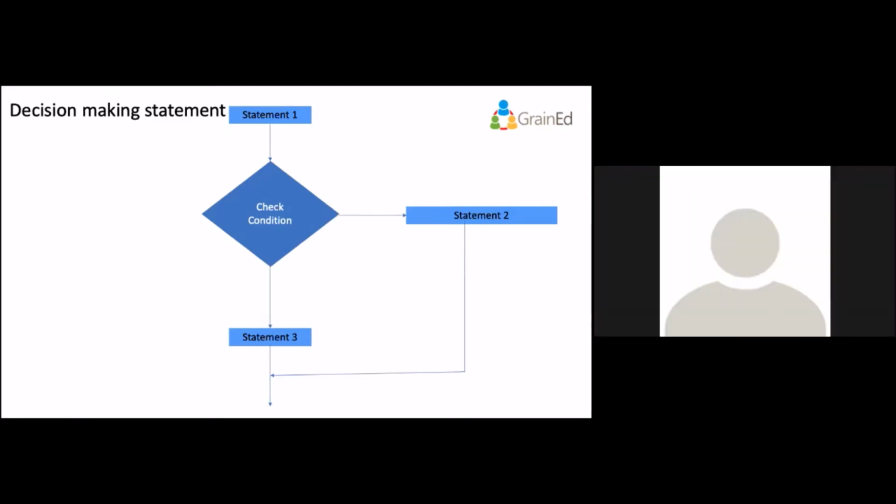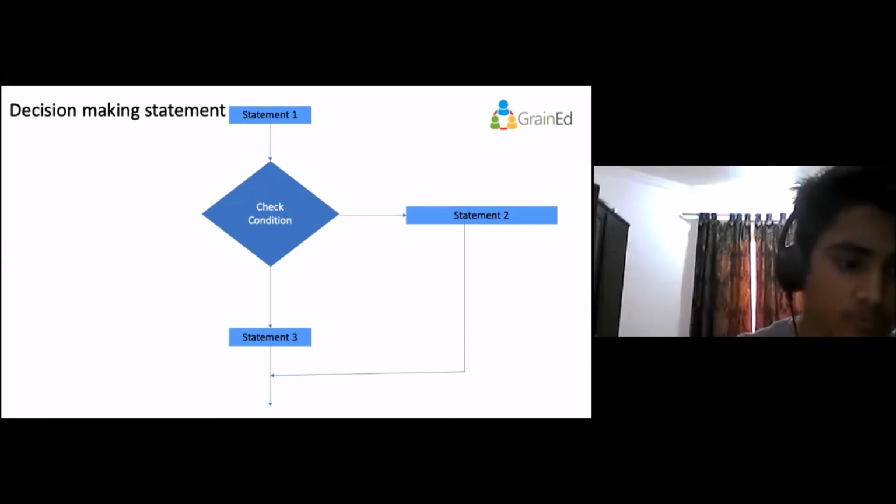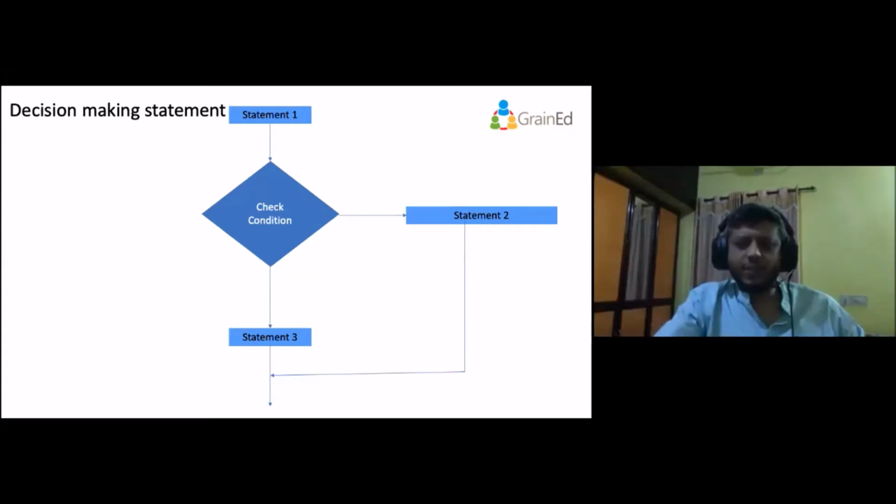Yes, sir. So in a decision making statement, when you write a program, you will get into a stage where, depending upon a decision, you might do a different action. If the condition is A, you might end up doing one thing, or if the expected output or criteria returns B, it could be true or false.